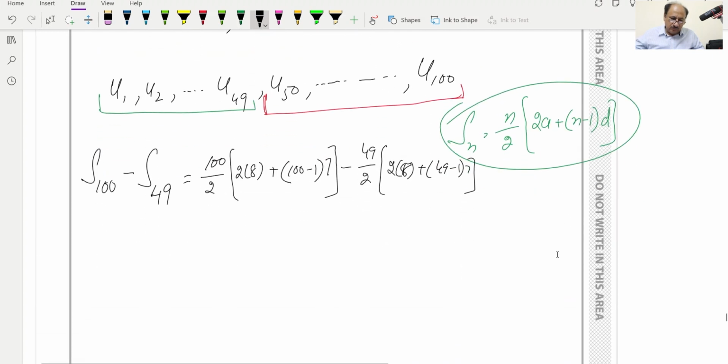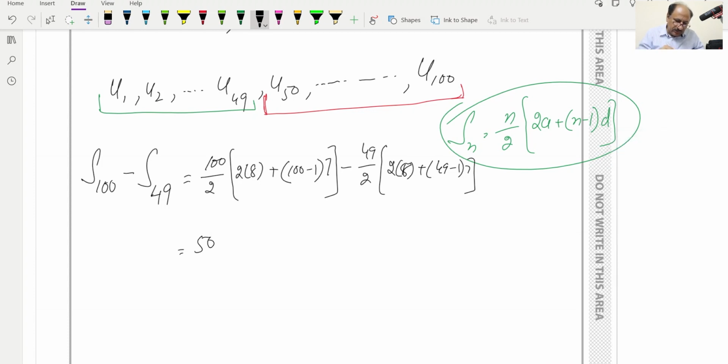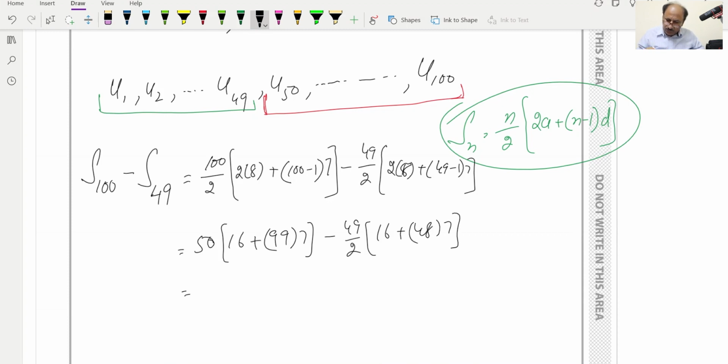And now we have to just simplify this, and in one go we can also simplify. We can rewrite it as 50, and inside will be 16 plus 99 into 7, and minus 49 over 2, and 16 plus 48 multiplied by 7. Now we can use the calculator.